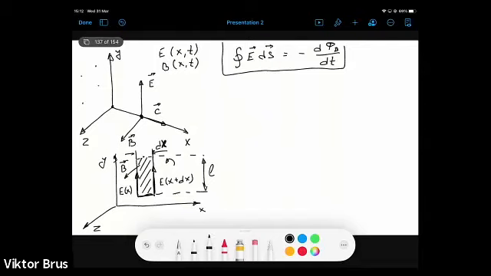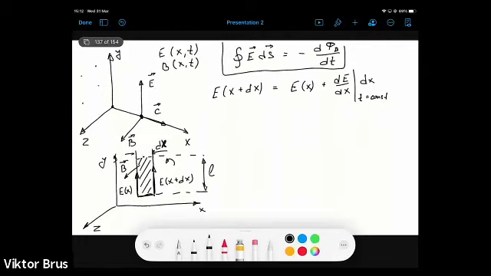So the electric field vector E(x + dx) will be equal to E(x), the magnitude of the electric field vector at the left side of the rectangle, plus dE over dx, the derivative at time t equal constant, times dx.